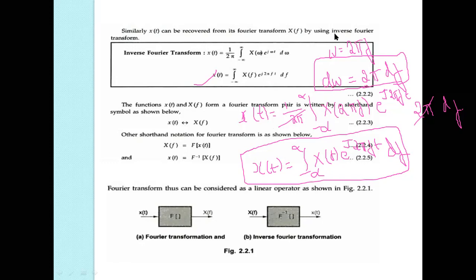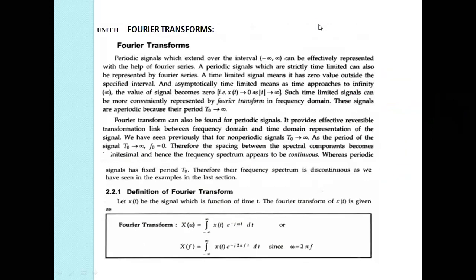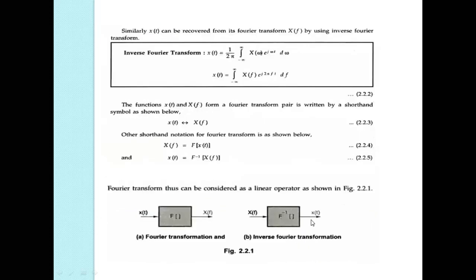Understood, my dear students? So the Fourier transform can also be found for non-periodic signals. It provides an effective reversible transform link between the frequency domain and the time domain representation. So X of omega is equal to the integral from minus infinity to infinity of x of t e power minus j omega t dt, which is the Fourier transform of the given signal x of t.